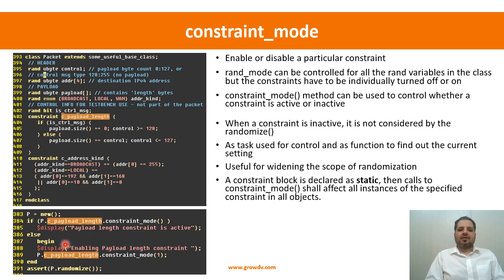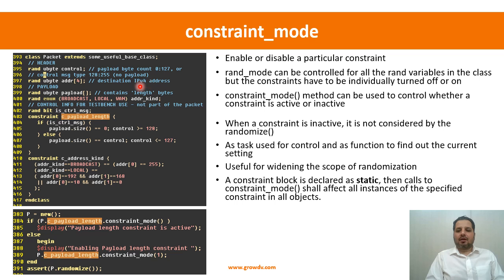So in this context, let's say I turn off this particular constraint and then I call the randomize method. What happens is this particular dynamic array has to be newed explicitly. Just because it is rand, it's not going to get some random size. You have to allocate it if you need it. If you do not allocate it, then by default this size will remain 0.